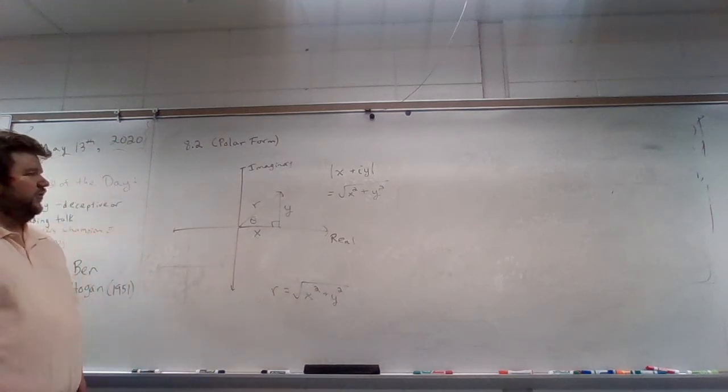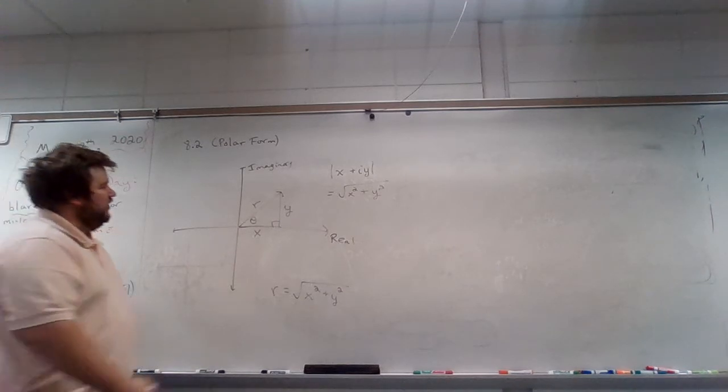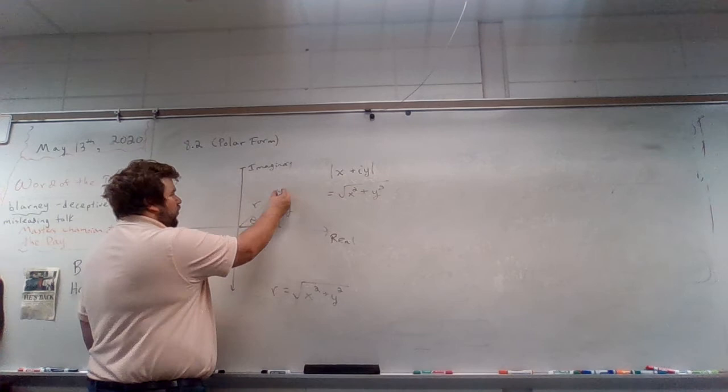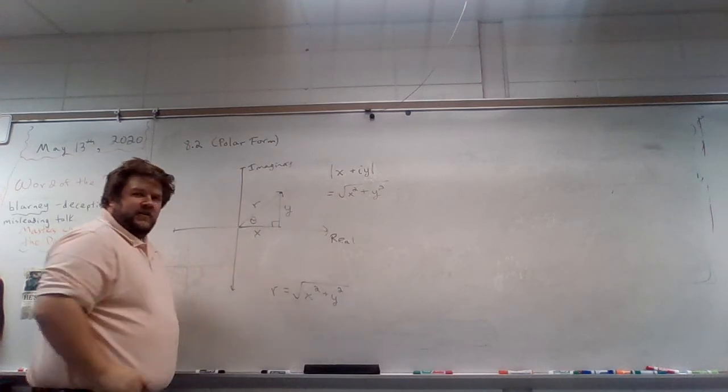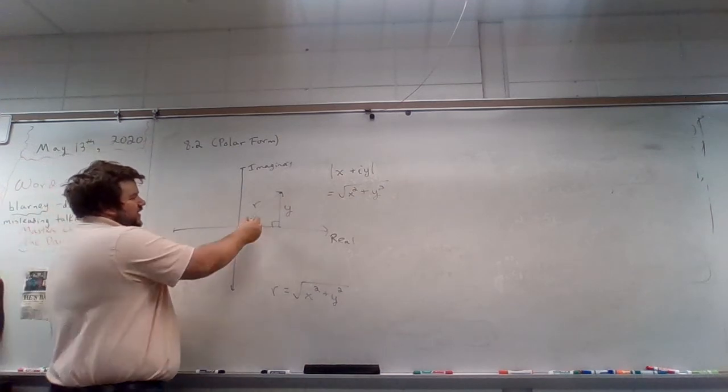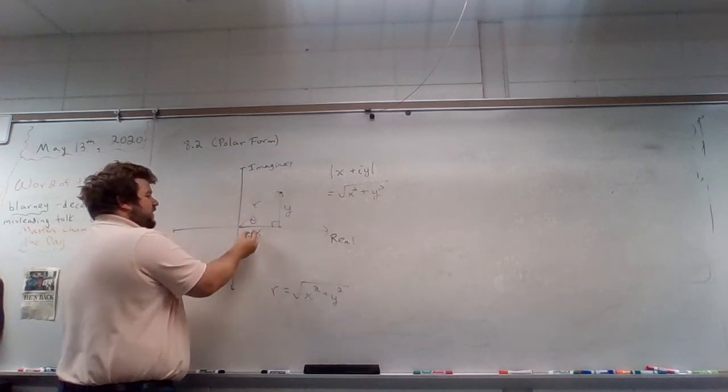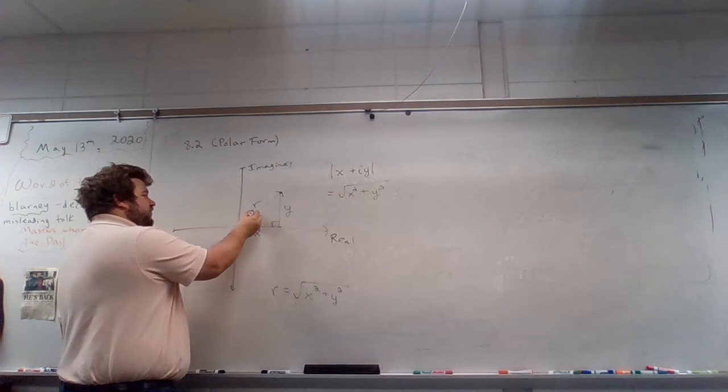Okay. So the question is, instead of writing things in terms of x and y, so instead of locating a point in the plane by going over x and up y, maybe I can tell you some angle to go.